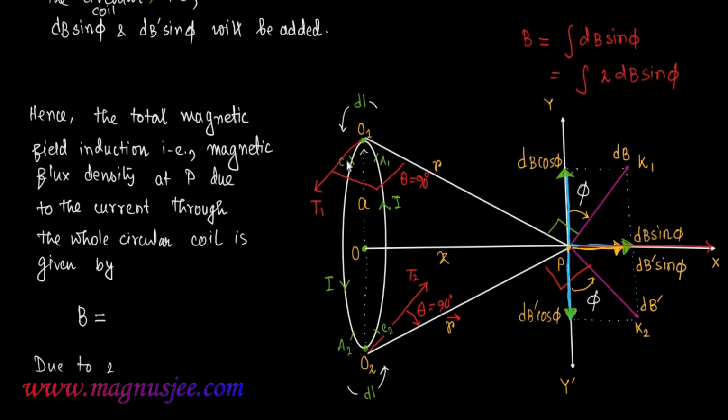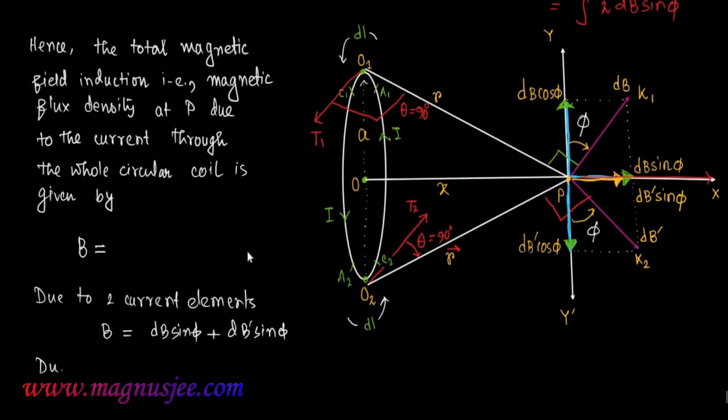Only integration dB sin phi. That means that is the summation of magnetic field induction due to n number of elements on this circular coil. Due to one current element, two current elements, B equal dB sin phi plus dB prime sin phi.